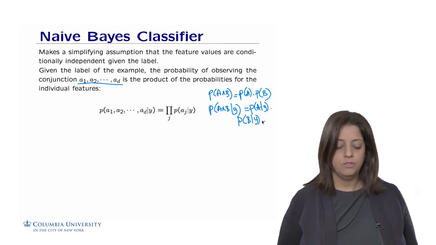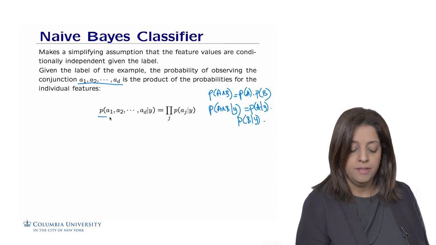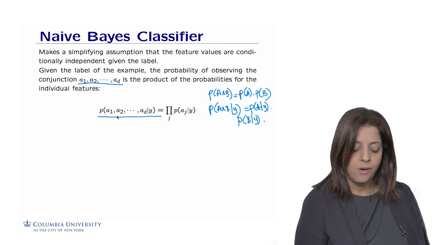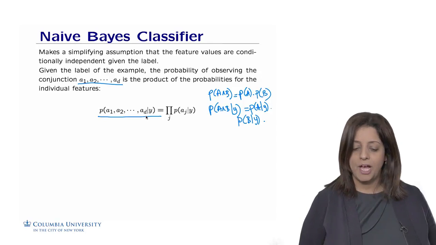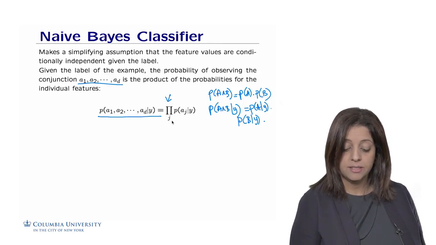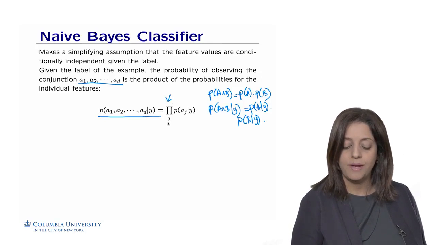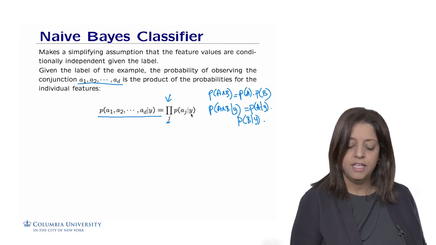Applying this concept to this formula here, the probability of observing the value A1 and the value A2 and the value AD given Y is the product, this sign stands for the product, over all possible feature values of the probability of each individual feature value given Y.